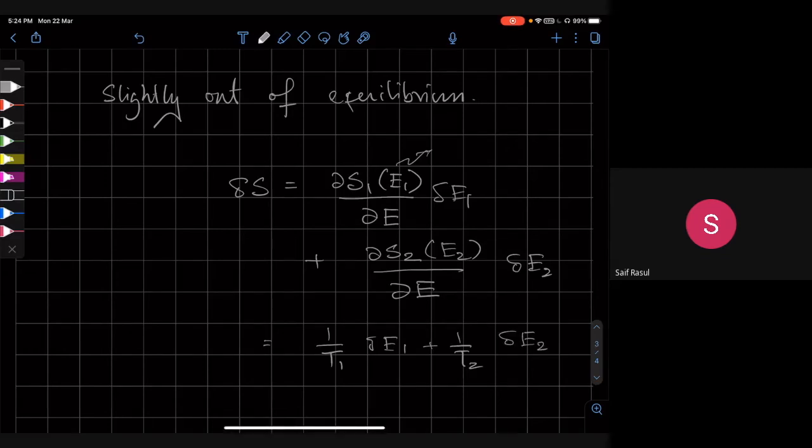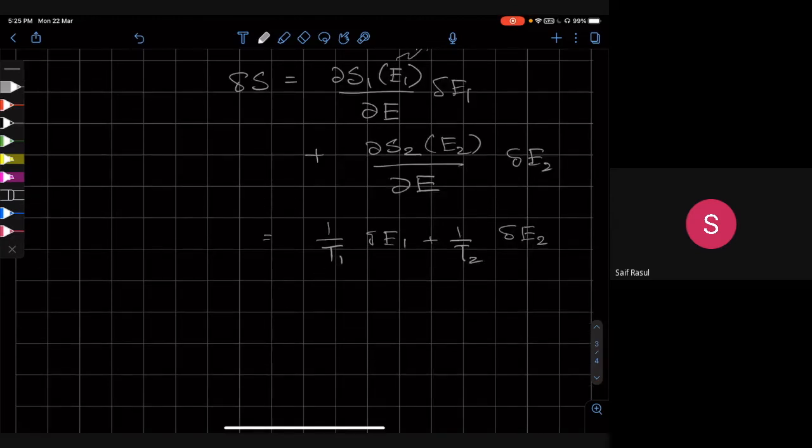Now, conservation of energy tells me that if I change E1 by delta E1, then delta E2 should be equal to minus delta E1. This is something we assume because we are dealing with the microcanonical ensemble, keeping the energy fixed.